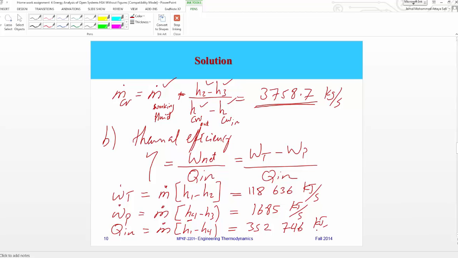That's going to give you 352,746 kilojoule per second. And to find the efficiency, if you take those numbers and put them here, you will get the efficiency as... I don't even have it here.